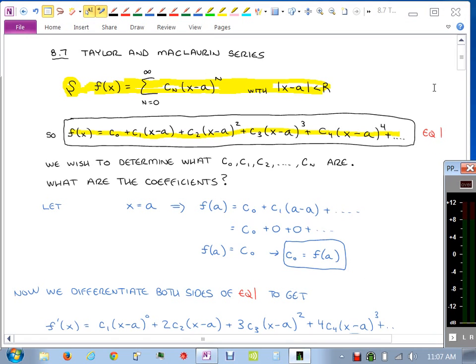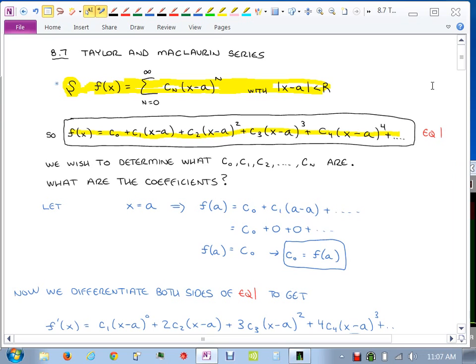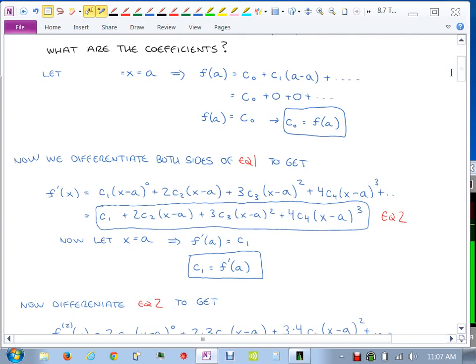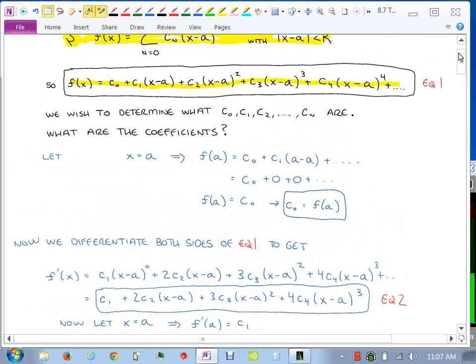Okay. All right, so we actually know what C sub 0 is now, right? It's f of a. Now, how are we going to find the next constant? So what we do is we take the original problem, right, and we differentiate it. Take the original equation 1. Take equation 1 and differentiate it.